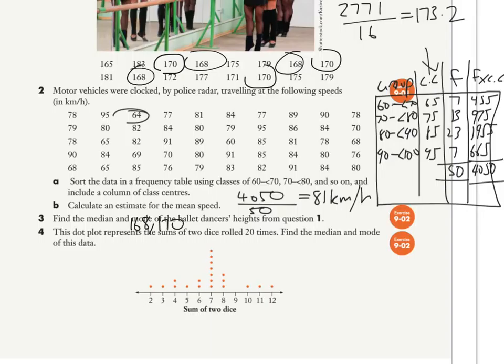Now the median, you need to rank them in order. If not in order, then you basically just go from crossing off the lowest and then the highest and keep on going until you come to the middle scores. So the lowest is, I think, 165, and the highest is 183.